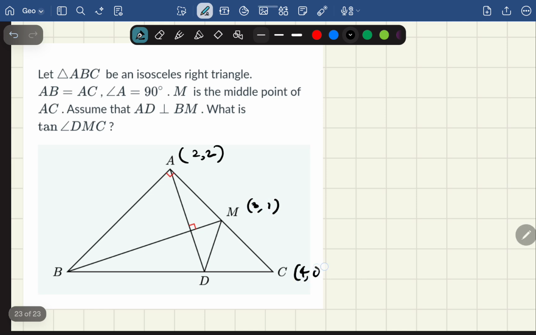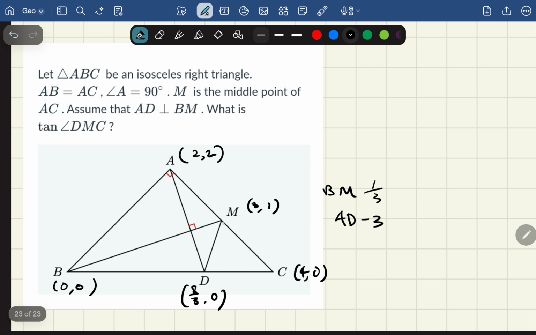Then this is 4, 0. Yeah, so you can assign numbers to points to make the calculation a little bit easier. So if B is 0, 0, then BM has slope 1/3, meaning AD has to have slope of -3, meaning this point is 8/3, 0.